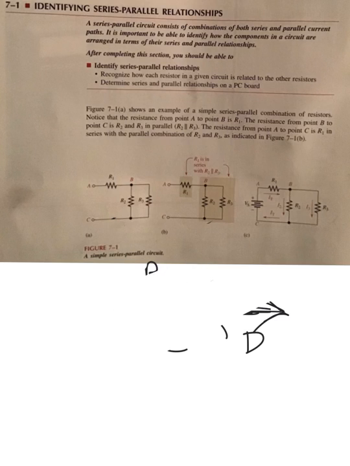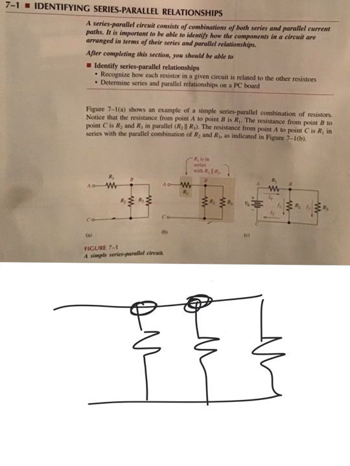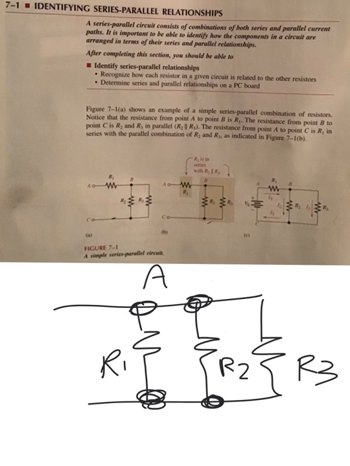A parallel circuit looks like this. You see, they're connected at what are called junctions. And you might have resistor 1, resistor 2, and resistor 3 here. And these components are hooked what I call back to back to back.